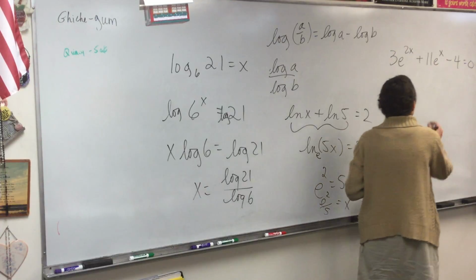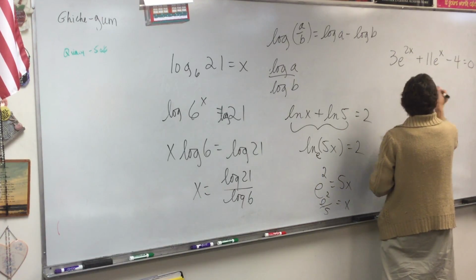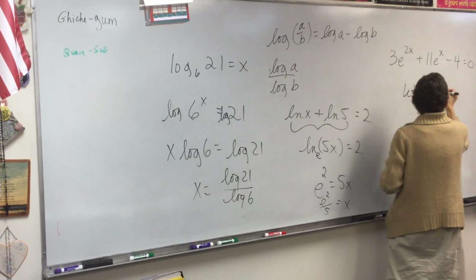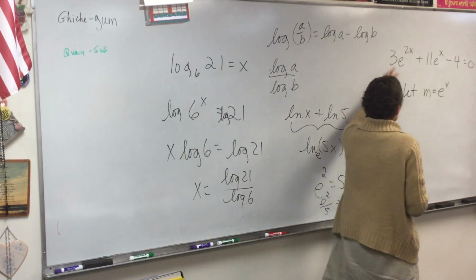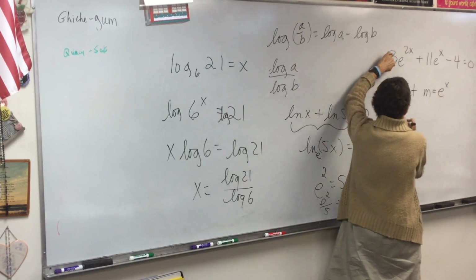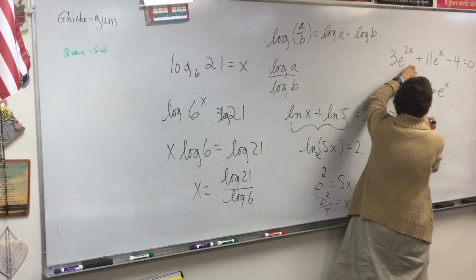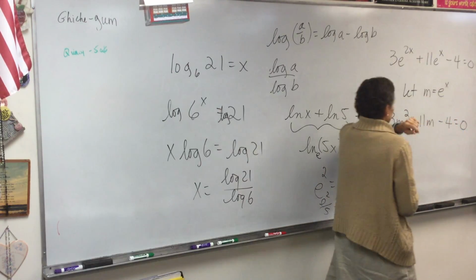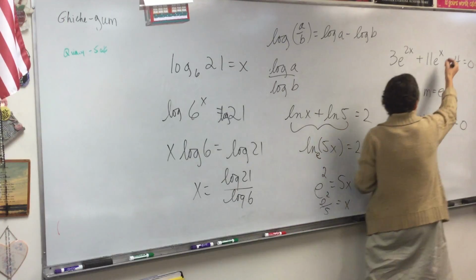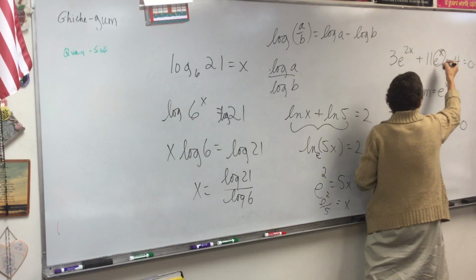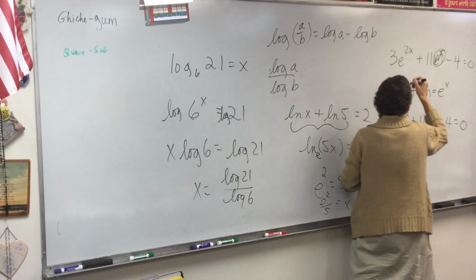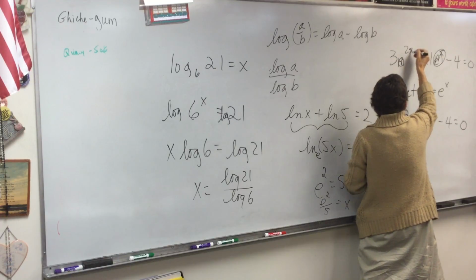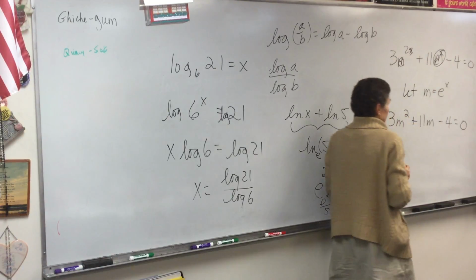If I let m, or some letter, be e to the x, this is 3m squared plus 11m minus 4. This is confusing me, so I'm going to take it out and think of it as an m. So e to the x is m.